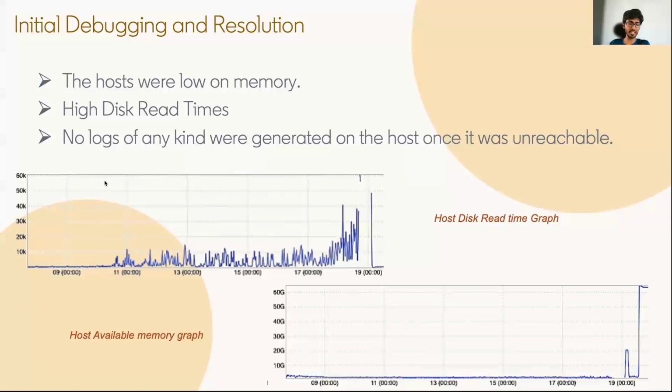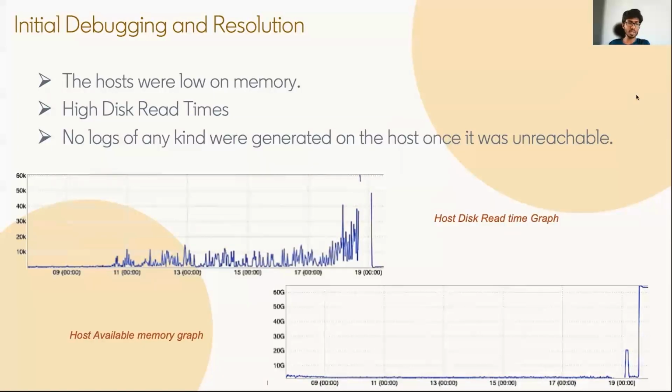And one very interesting thing, there were no logs or any metrics generated on the host once it was unreachable. By no logs of any kind, it means no application logs, no system logs, no warning log messages, nothing at all. And the gap here where there is nothing on the graph is where the host went unreachable.